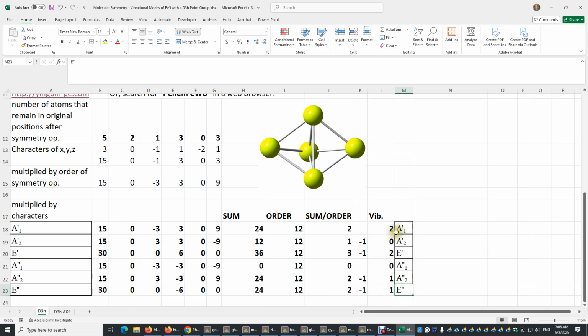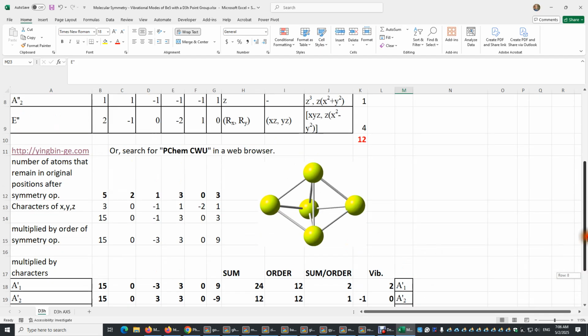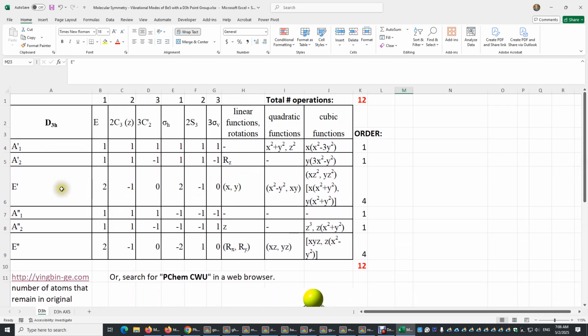And also you can just look at these characters. So for example, if you have E prime, you know it's going to be infrared active, because over here you can see X, Y, they correspond to the dipoles in infrared, and Z, this is infrared active. And also you can determine if a vibration is Raman active or not.